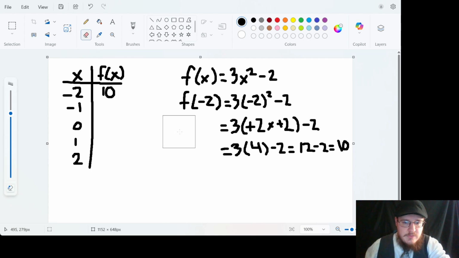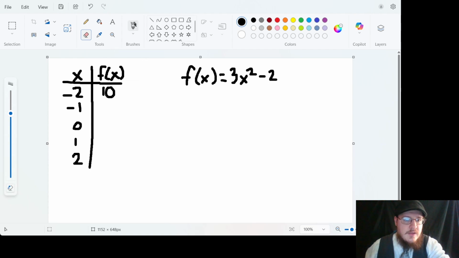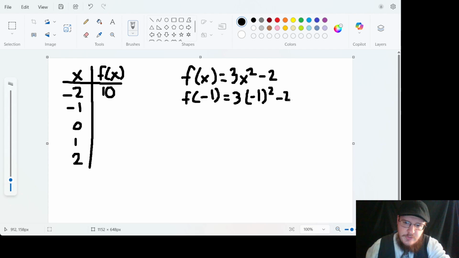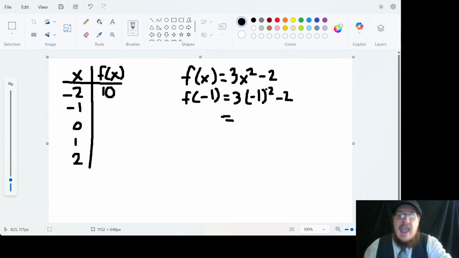Now, next one, keep it going here because we got to get the rest of these values for our little table. We have f of negative 1 equals 3 times negative 1 squared minus 2. Now remember, squared, that means we have 2 of the same value here. We got to multiply them together. And as we saw with the negative 2's, we're going to have negative 1 here multiplied to itself.